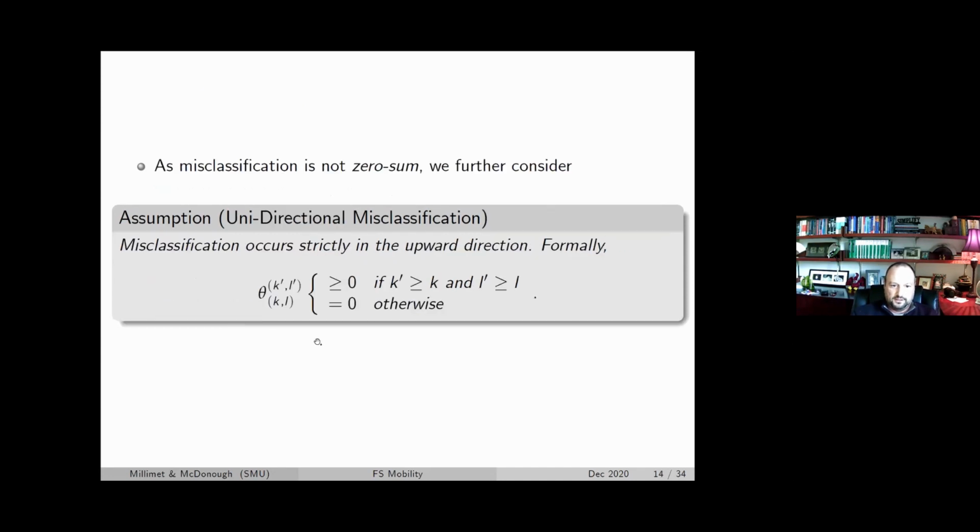All right. So then one assumption we can consider here, where we have an absolute measure of mobility rather than relative, because mobility is not zero sum, we could think about adding an assumption that says that the measurement error is strictly unidirectional, meaning we might be willing to invoke the assumption that, hey, if people are going to misreport their food security status, they're only going to overstate and say, hey, we're doing fine, when really we're not.